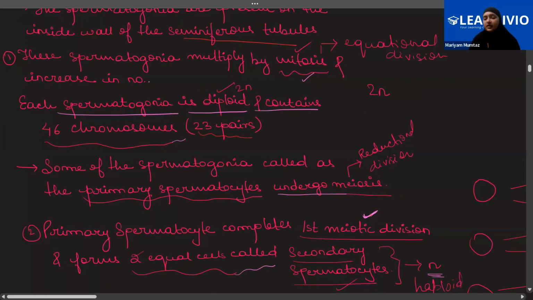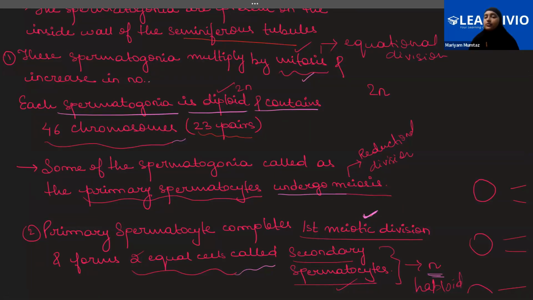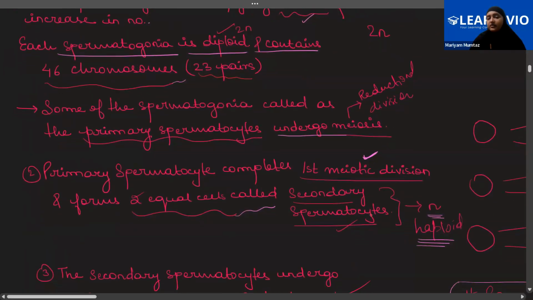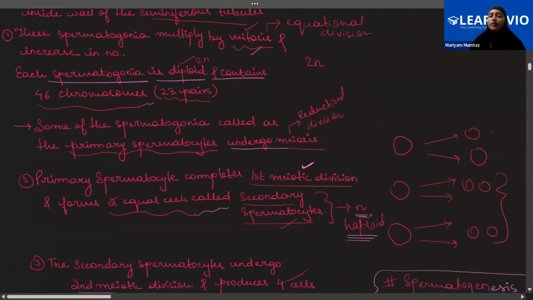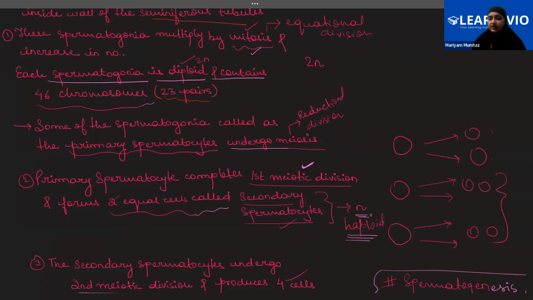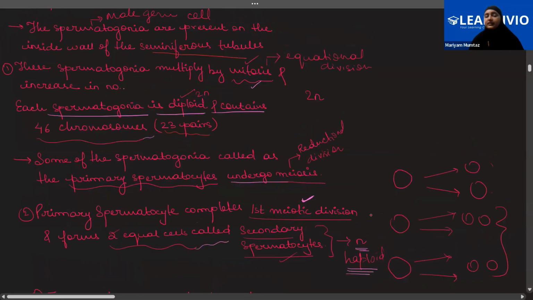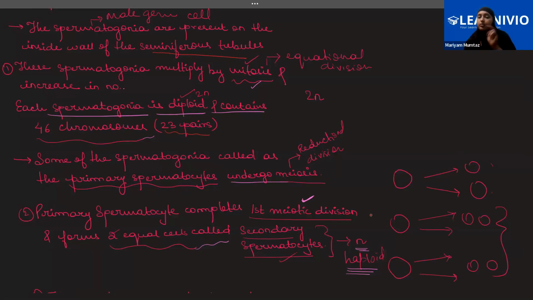Now, some of the spermatogonia, called the primary spermatocyte, undergo meiosis. The primary spermatocyte completes the first meiotic division and forms two equal cells called secondary spermatocytes. Up until now, both spermatogonia and primary spermatocyte are 2N, they are diploid.